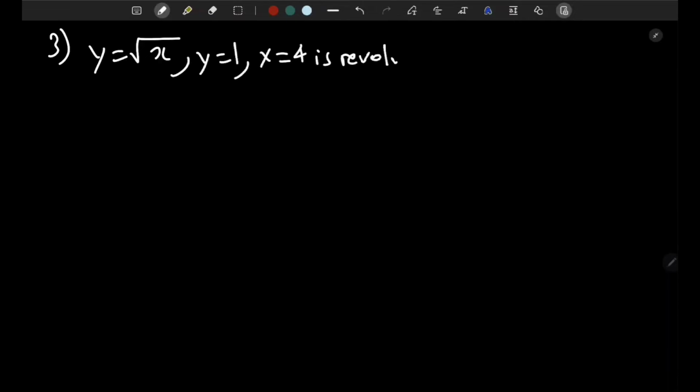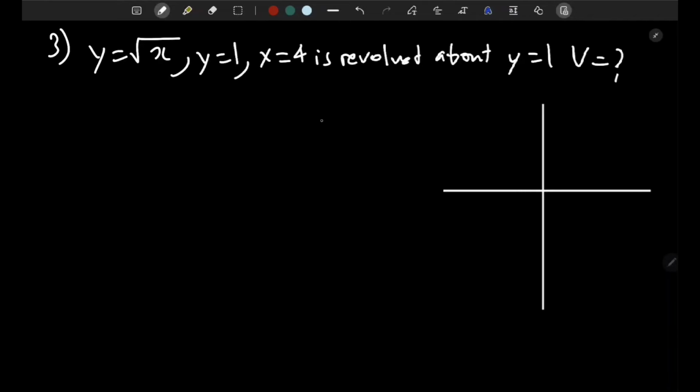So our question 3 is y is equal to radical x, and we have y is equal to 1, and x is equal to 4, revolved around y equals 1, and we need to find the volume.